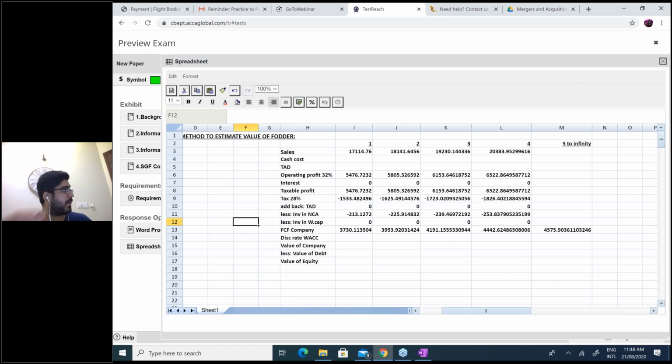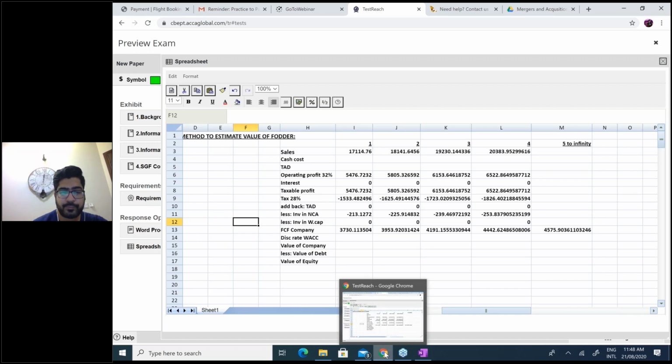Now we need to discount it with the discount rate WACC to get the value of the company, and we deduct the value of debt to get the value of equity. Now about the discount rate WACC, we need to compute WACC for Fodder. So look at Fodder's information. Please pay attention.